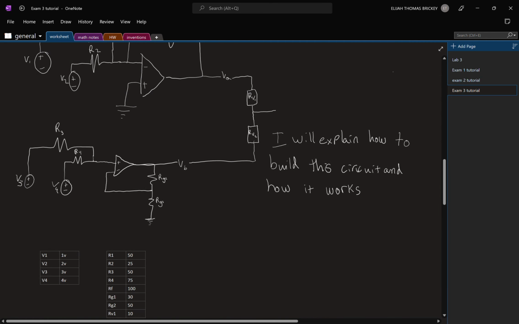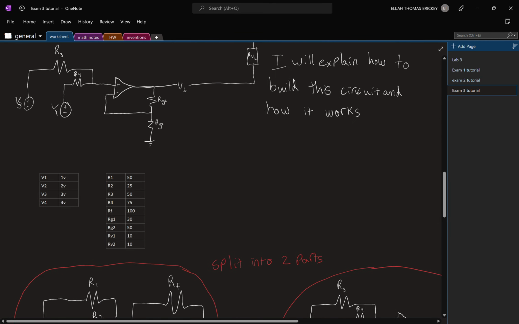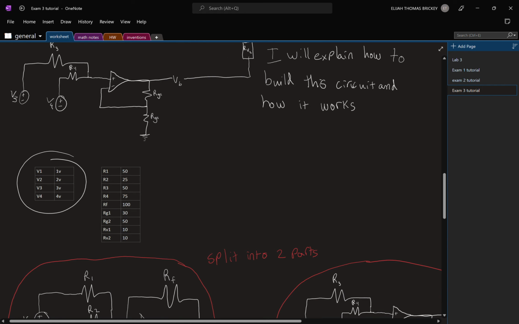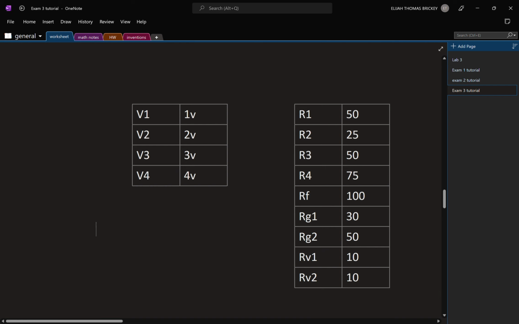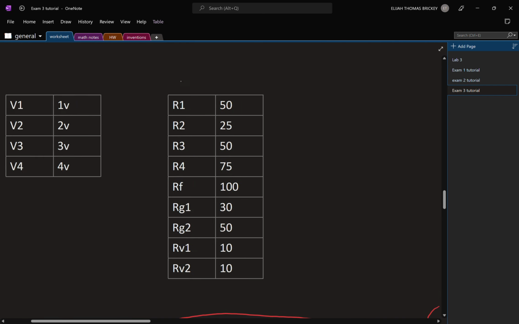So the first thing I had to do was create all the values right down here, all the voltages. I did simple ones: 1, 1, 2, 2, 3, 3, and 4, 4, just so I could remember them. Here, I created these ones to make my desired result.